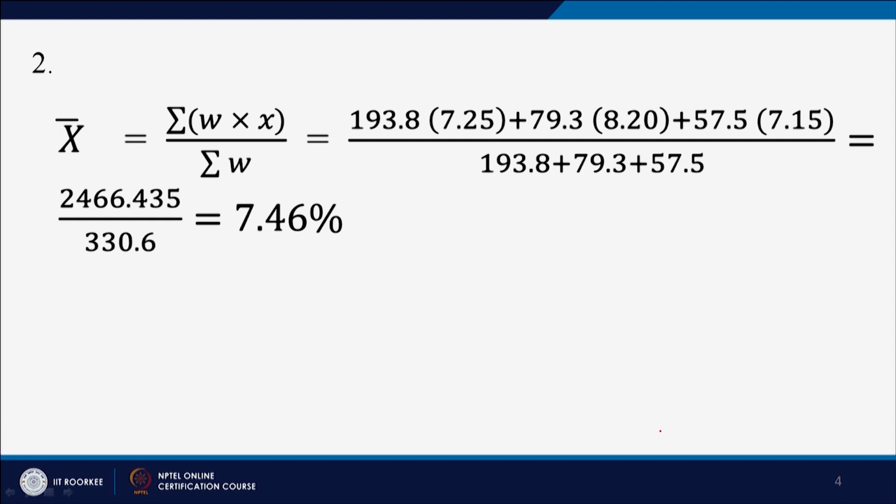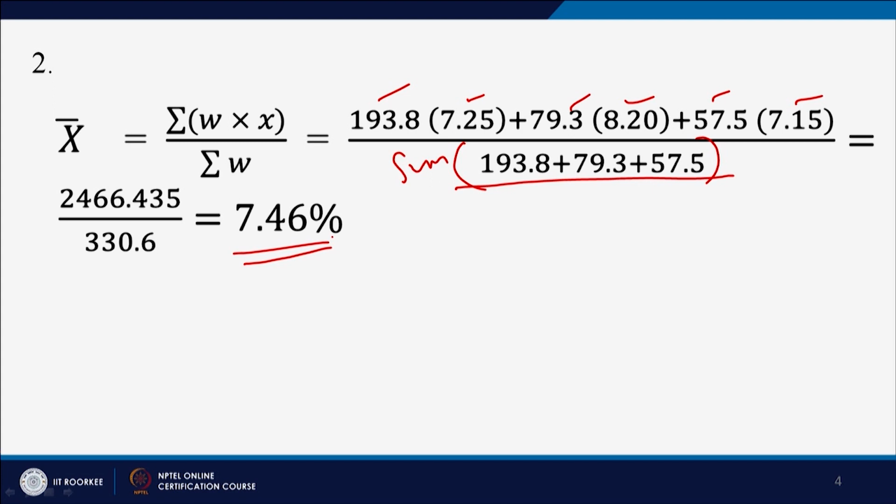We have been given sales of these different branches along with their expected growth rates. Just multiply sales with their respective growth rates and take the sum of these values, divided by the sum of all 3 sales. You will get 7.46 as the growth rate for next year's sales.